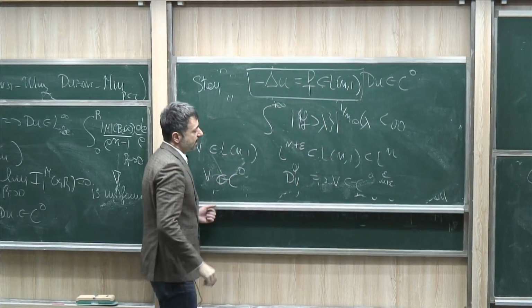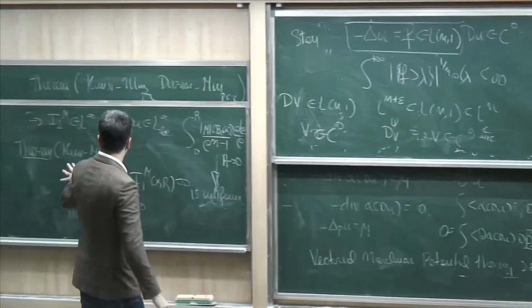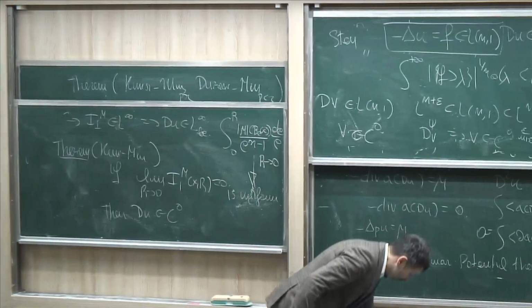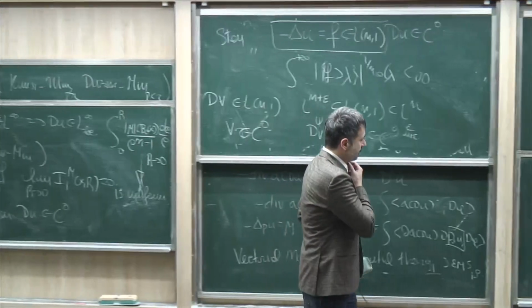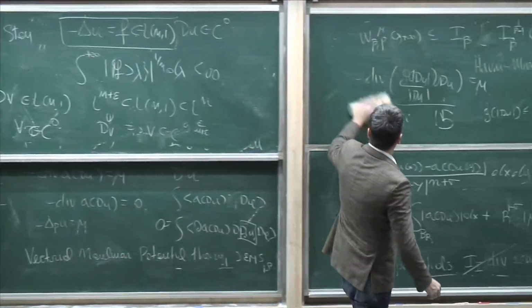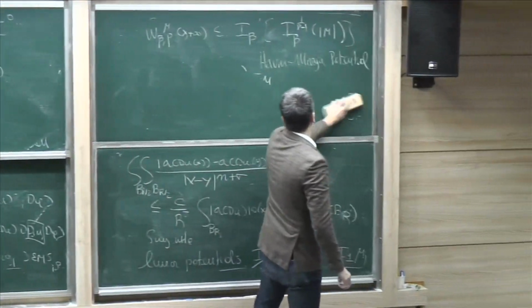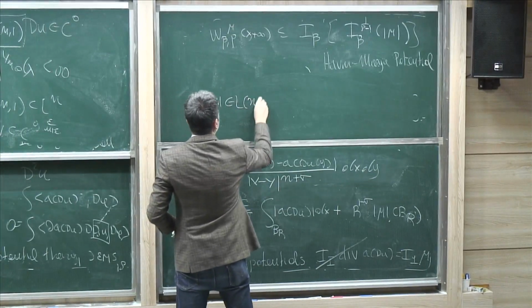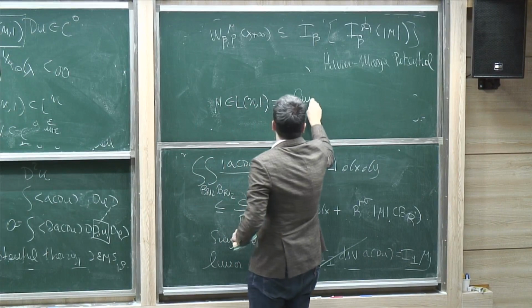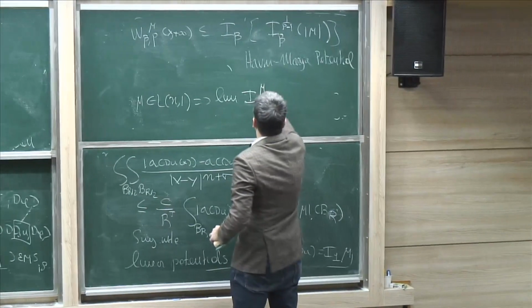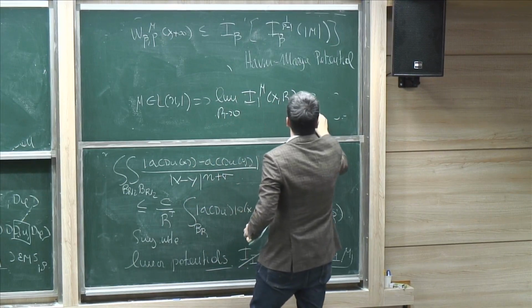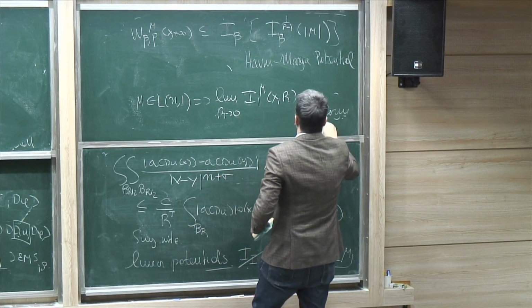And now, as an example of a corollary of this general theorem, let me observe that it's just a matter of checking the definition to see the following: if mu belongs to L(n,1), then this convergence is uniform in x.